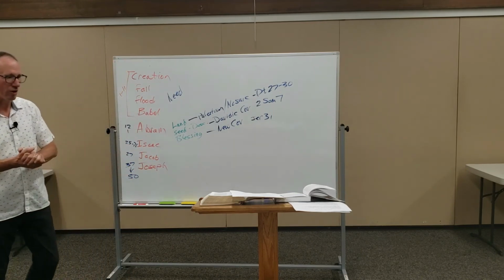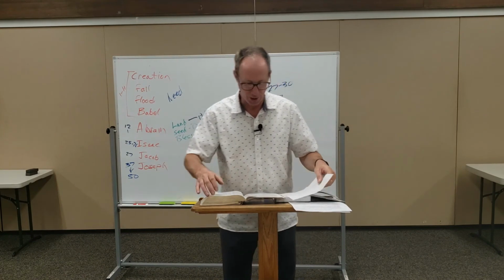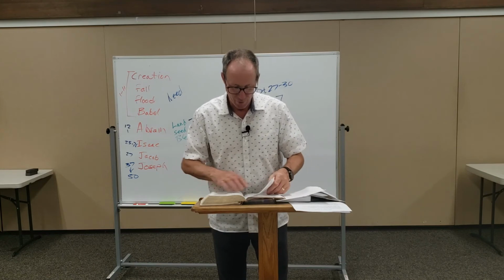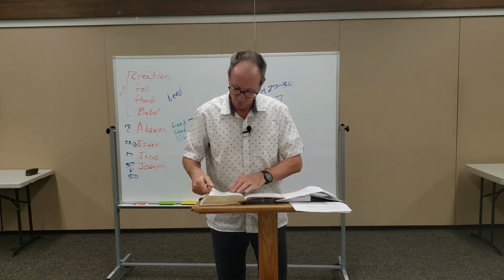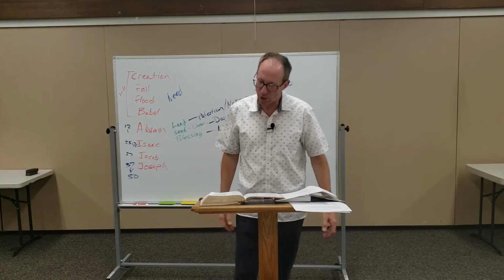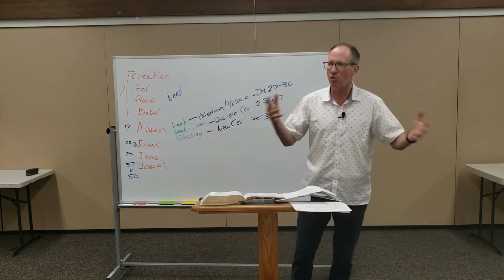Okay, jumping to Joseph. Back to Joseph again. Joseph, oh, what a story. Joseph the dreamer. Joseph is a brother. When he's 17 years old, his father has given him a special robe, and this robe probably suggests that Joseph doesn't do manual work.